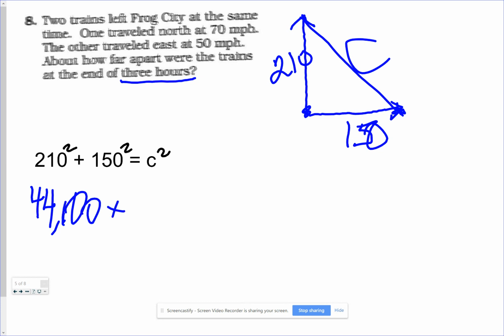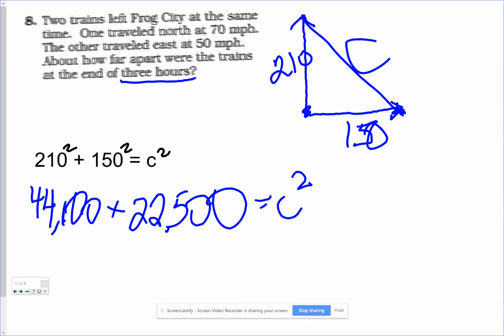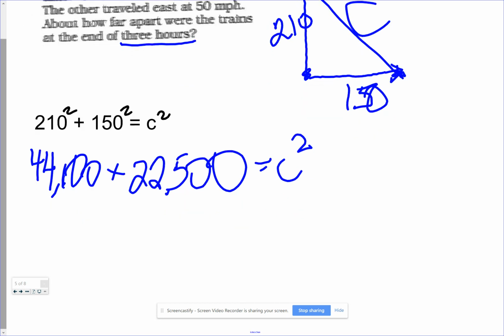Plus 150 squared is 22,500, which gives us a grand total of over 60-some thousand, I believe. Yeah, 66,600 is the total. That's what C squared is.